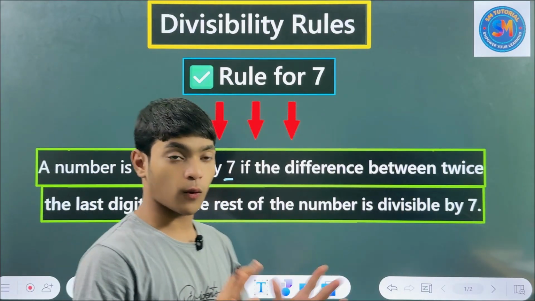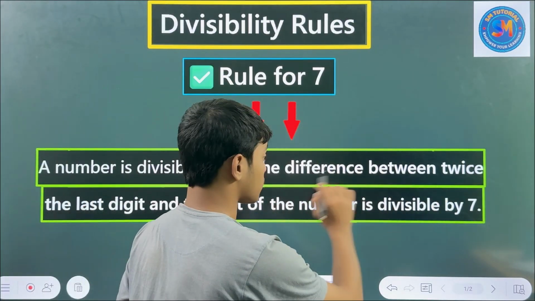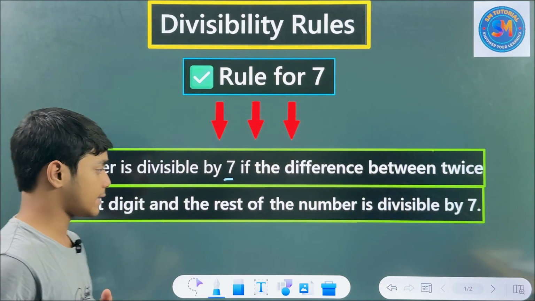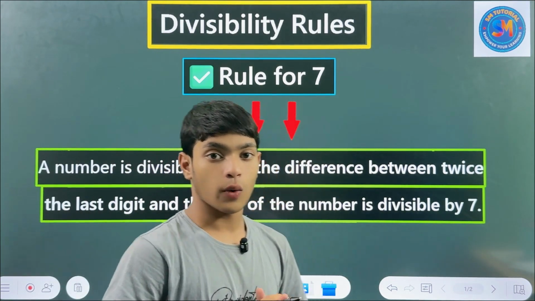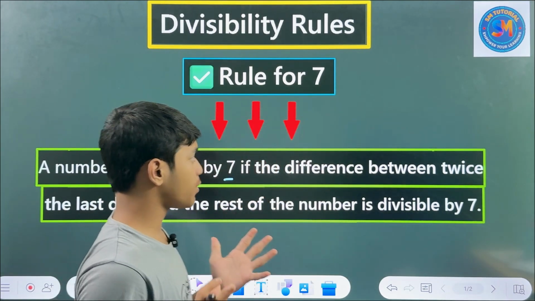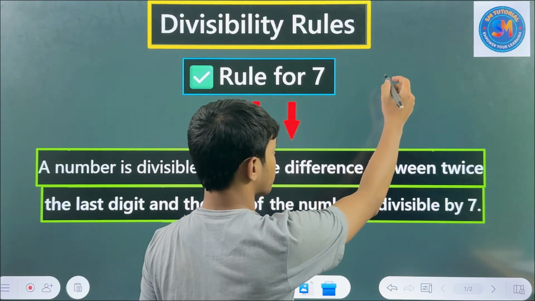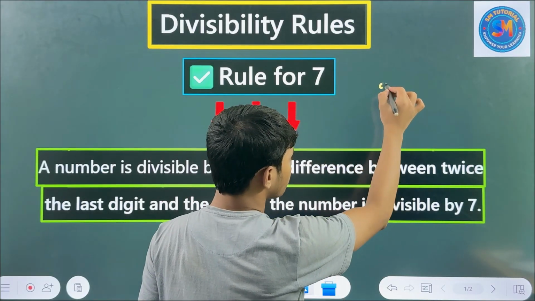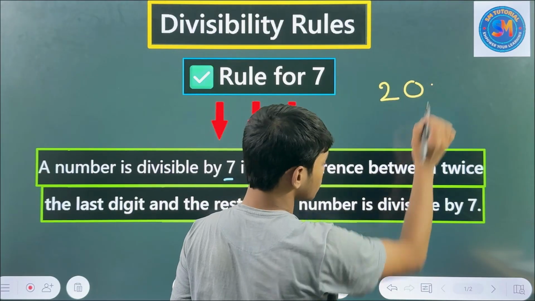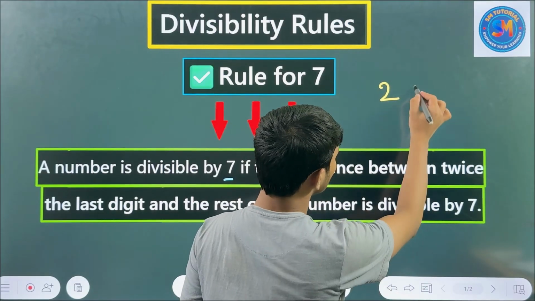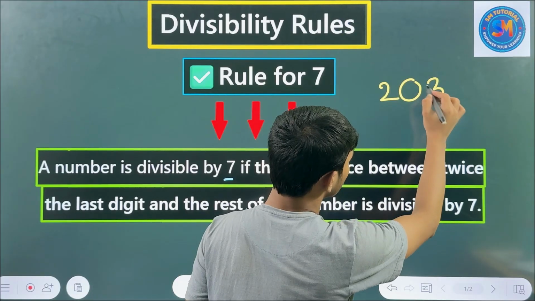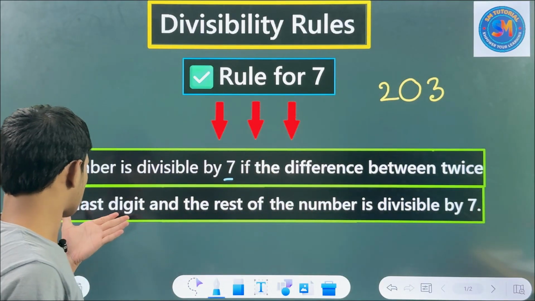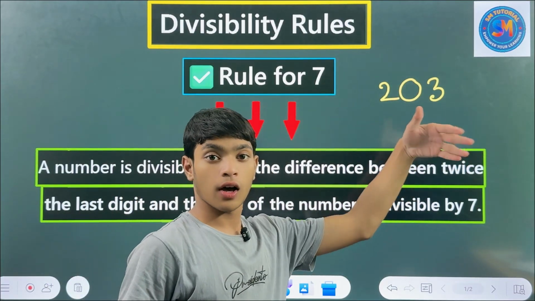According to the rule, we have to find the difference between twice the last digit and the rest of the number. So first of all, we have to write a number. We can write a very short number, 203.